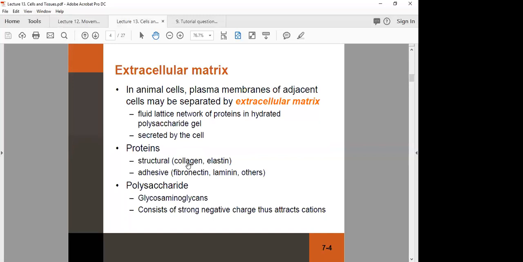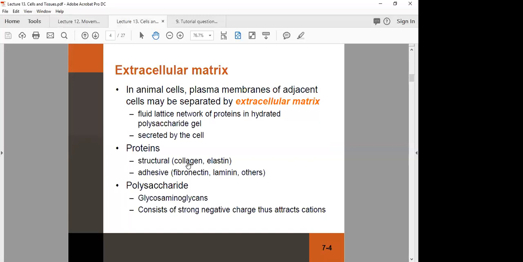Collagen is a very tough protein. It has very high tensile strength, meaning that it can be stretched to a certain degree without breaking. In fact, the tensile strength of collagen has been compared gram for gram with the tensile strength of steel.